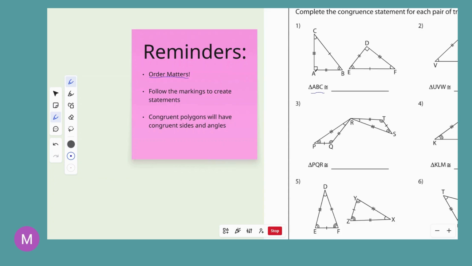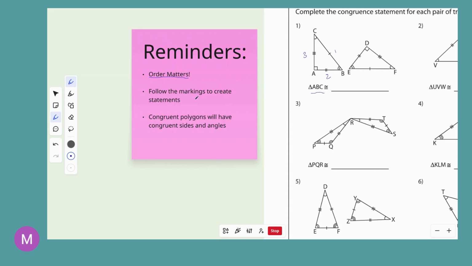From A to B is 2 dash marks, and from B to C is 1 dash mark, to the 3. So we would need to repeat that order, 2 to 1 to 3, to make sure that we are writing our congruent statement, remembering that order matters, and following the corresponding angles and corresponding sides.